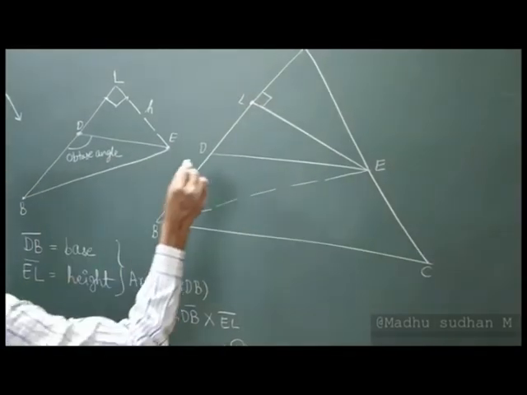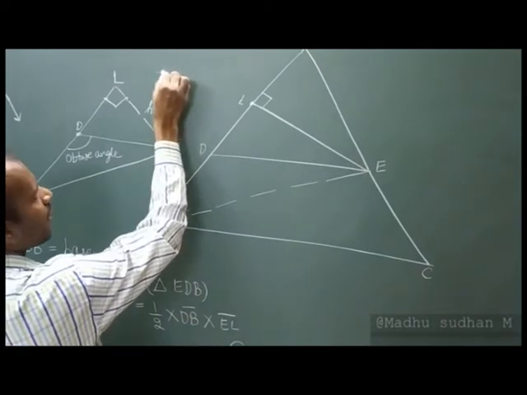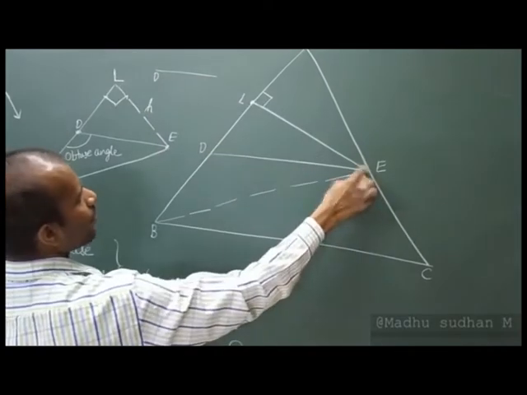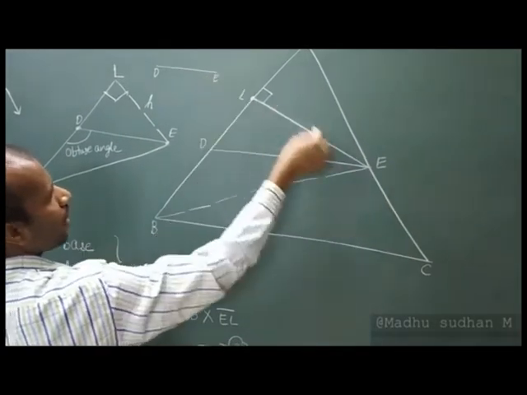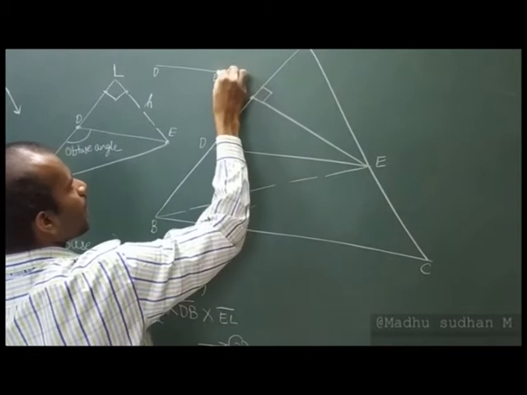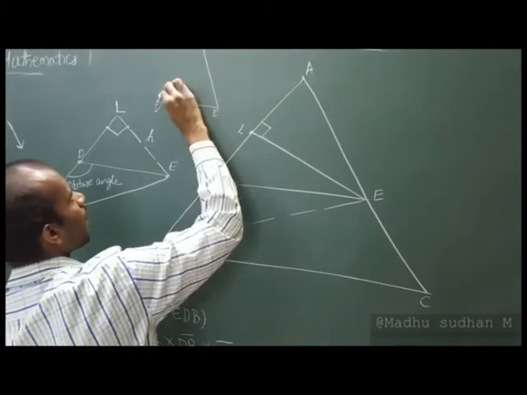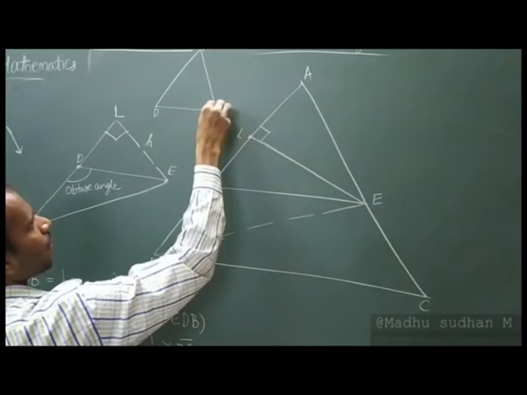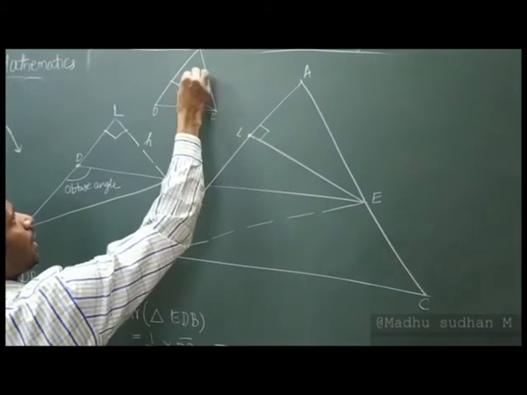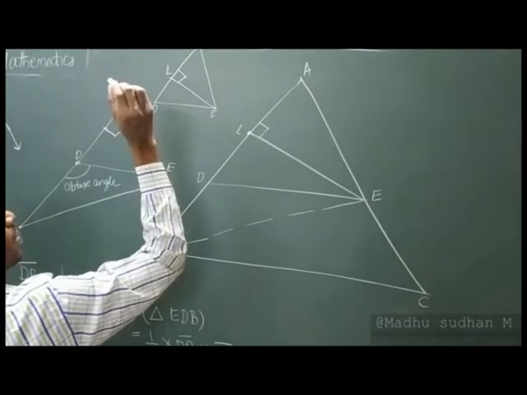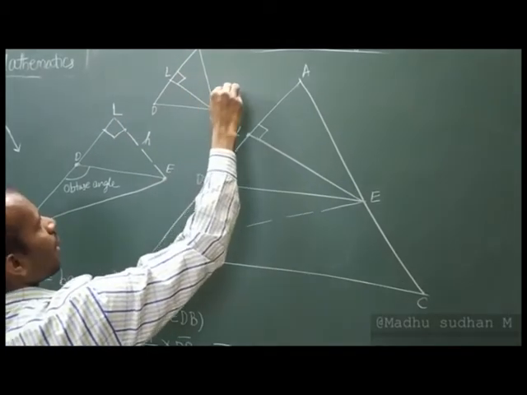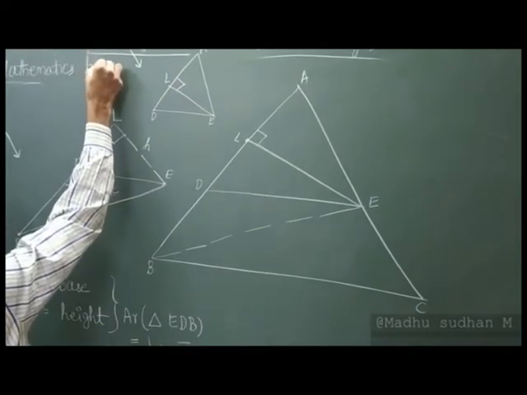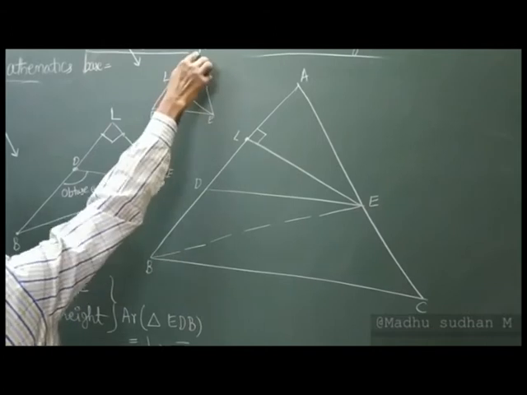So now again, here you have this is D, this is E. You have A here. So let me write this is A. And perpendicular EL. So let me write this is E and L. Follow it. So for this triangle, looking from this side, the base is equal to AD.